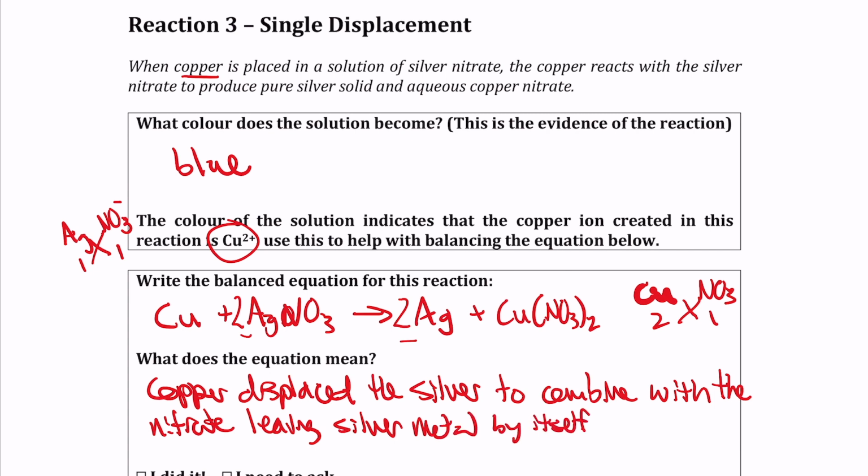So something along those lines. But you can really see that by looking at the equation that the silver has left the solution. It certainly came out, you could see it, and the copper is now with the nitrate.